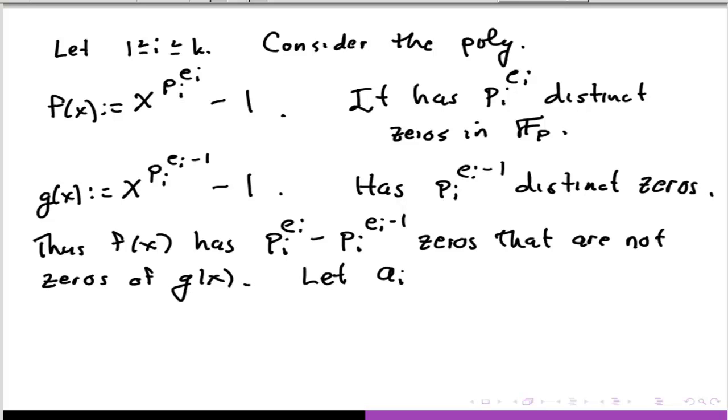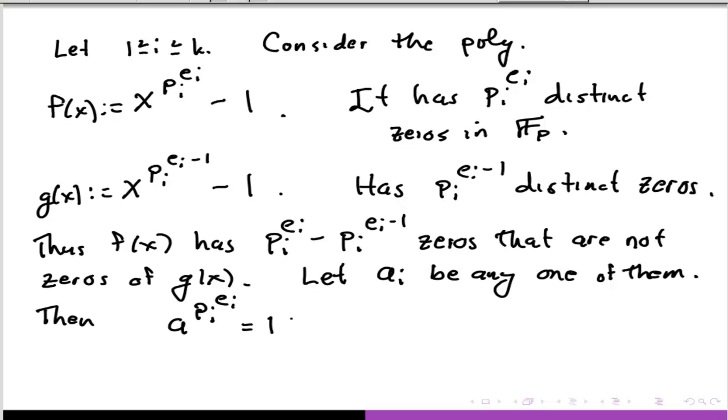Okay, let a be any one of these zeros. Let's call it a sub i. Then what can you tell me its order is? Well, then a raised to the pi to the ei is equal to 1, but if I raise it to one lower power, it's not equal to 1. Therefore, the order is in fact pi to the ei.